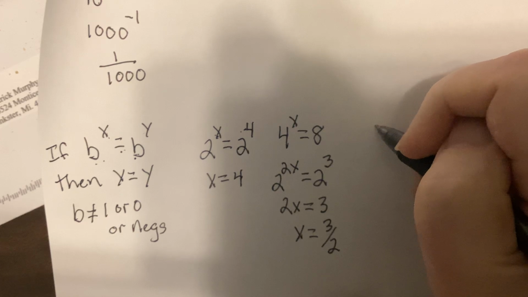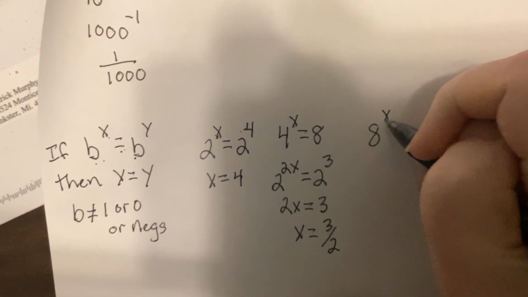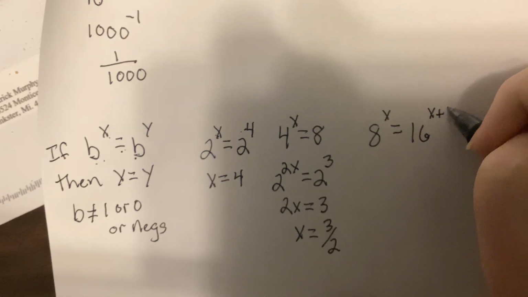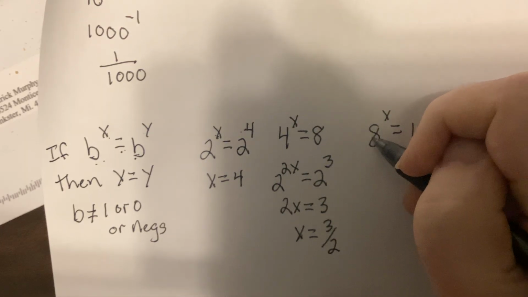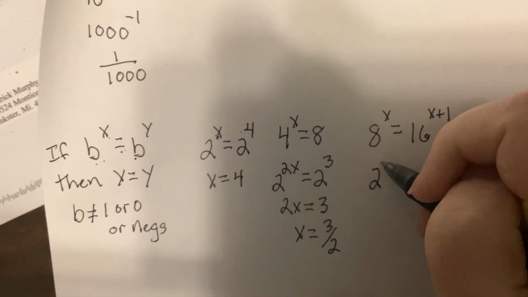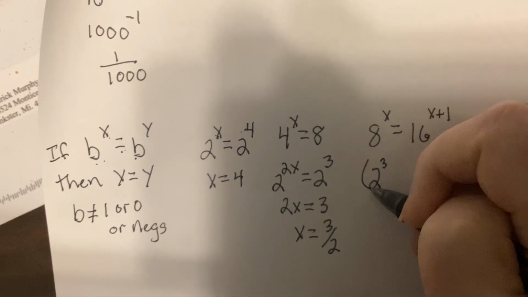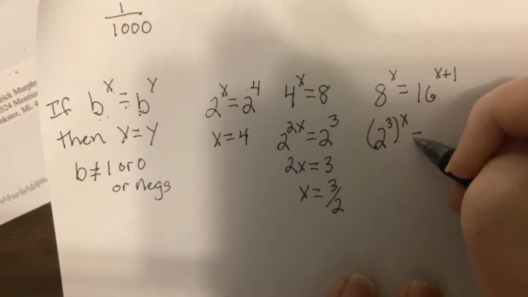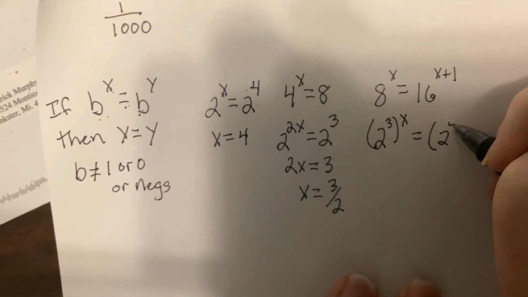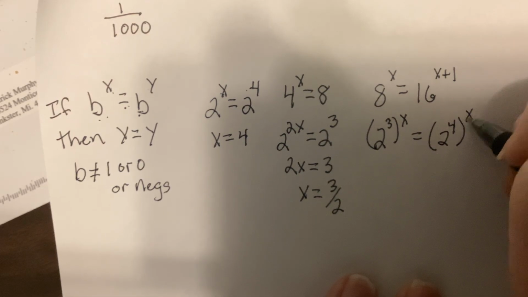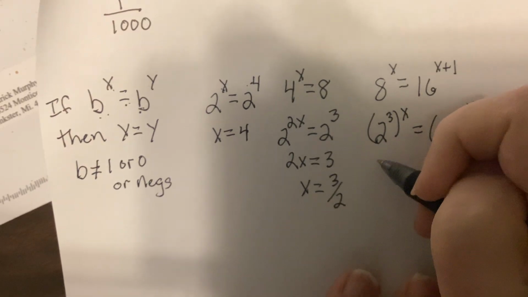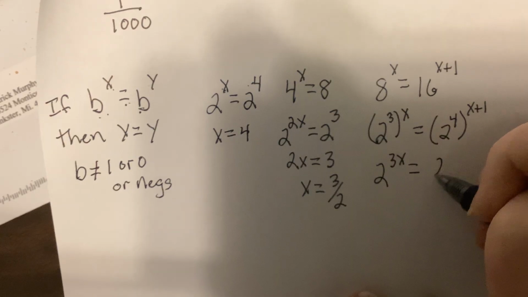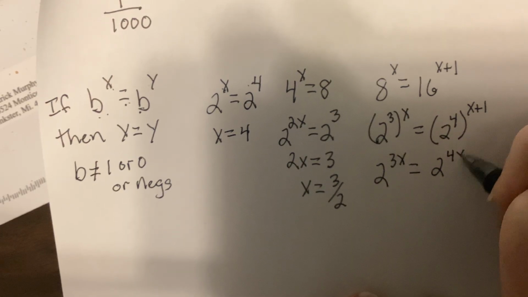So if I had 8 to the x equals 16 to the x plus 1, I'd say 8 is 2 cubed, so it'd be 2 cubed to the x. 16 is 2 to the 4th. So I'd have 2 to the 3x equals 2 to the 4x plus 4.